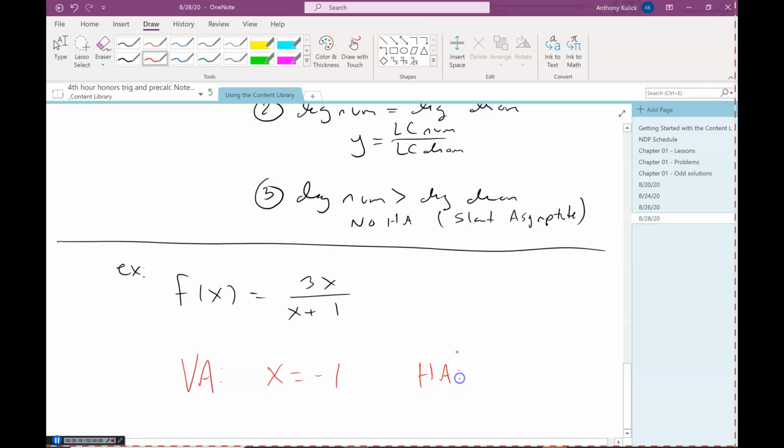And what would the horizontal asymptote be in this case? It's going to be y equals 3. Why 3? Well, I have a degree 1 polynomial over a degree 1 polynomial. So the horizontal asymptote is going to be the leading coefficient over the leading coefficient, in this case 3 over 1.